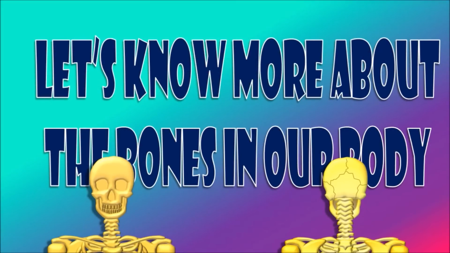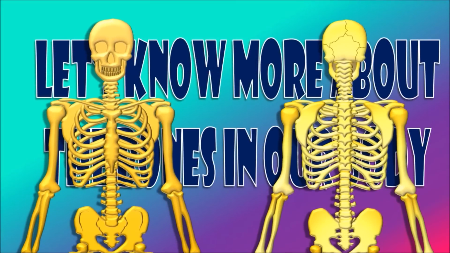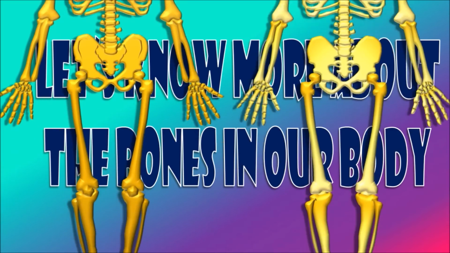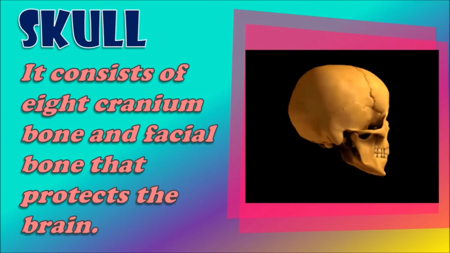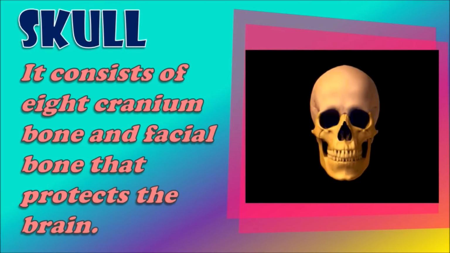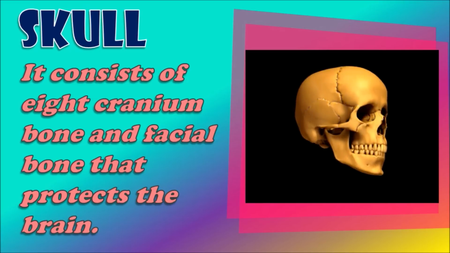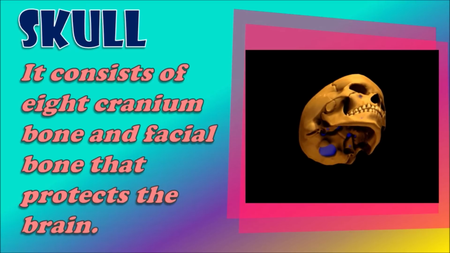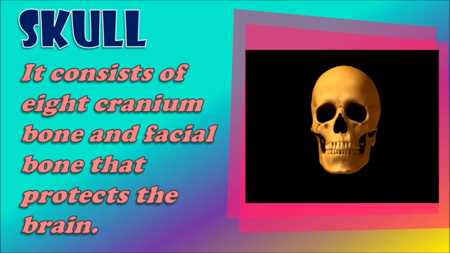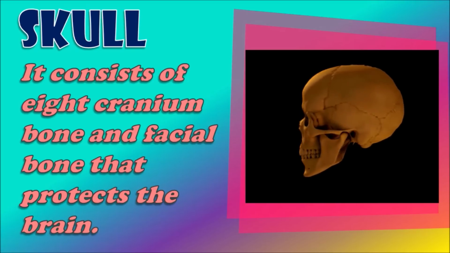Now, let's know more about the bones in our body. This is the skull. It is the bone in your head. It consists of the cranium and facial bones. The cranium is made of 8 bones joined together to form a rigid case that protects the brain.